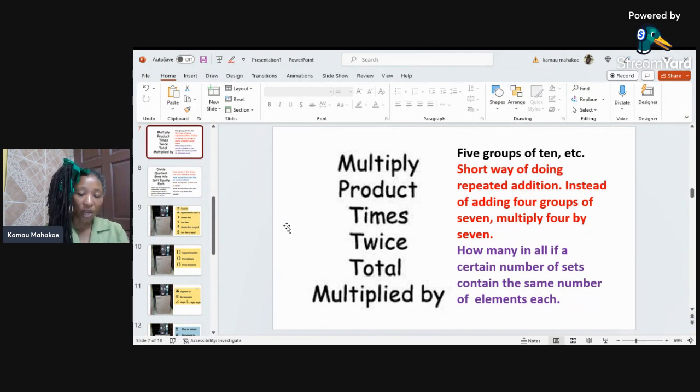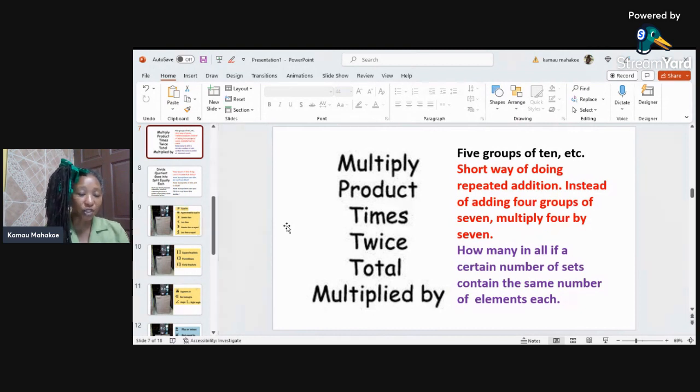Multiplication. When you're asked to find the product of 2 or more numbers, if you're asked to find this one times that one, 3 times 4, 8 times 10, or twice a number, you're being asked to multiply by 2, or thrice, 3 times a number.